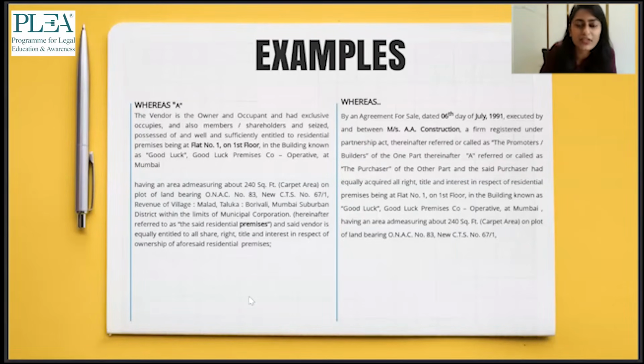As I said, narrative recitals are the history of how the flat was transferred from one person to another. You can just have a look, go through it once. So the vendor is the owner. The occupant had exclusive possession of the premises, and now it is going to get transferred to so-and-so person. This was the original agreement. Then in chronological order, it transferred to some other person, then to some other person, and it happened that way.